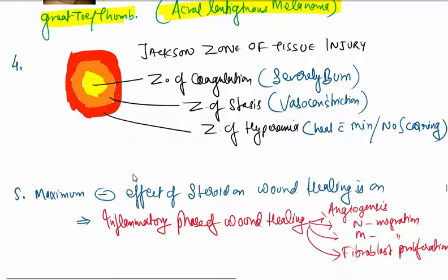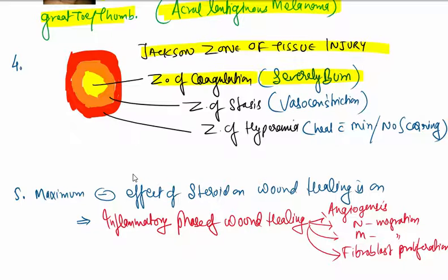Next one, Jackson zones of tissue injury. There are 3 zones post burn, immediately during the burn. The middle one is the zone of coagulation, where maximum injury is seen. It is severely burned.